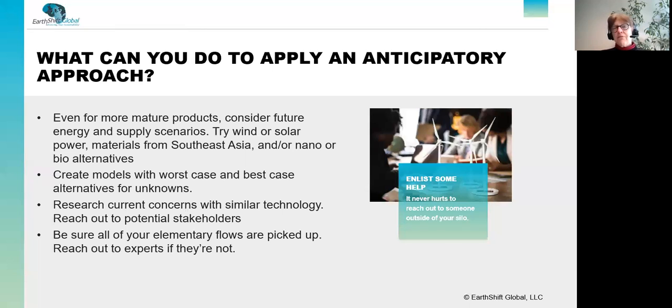Reach out to them, find out what they're interested in. Talk to politicians, talk to people in the street, talk to your customers, talk to all those folks and find out what their concerns are, what are their hotspots. If you can follow through your supply chain up and down and understand where people are concerned, that's a great place to go, as well as the NGOs.